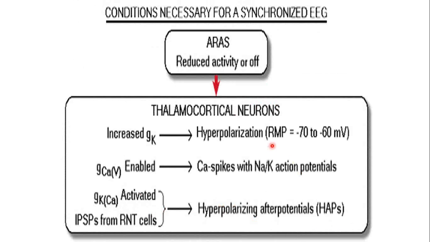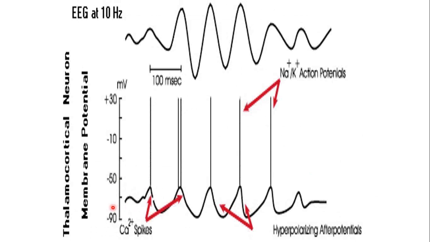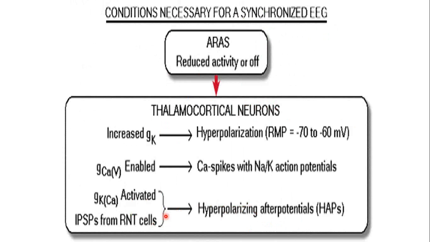Normally, the resting membrane potential should be about minus 60 to minus 70, but here they're going toward minus 90, maybe minus 80, minus 85. And that's generating these oscillations, slower oscillations with higher amplitude than the desynchronized wave.